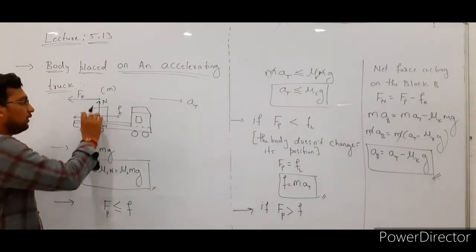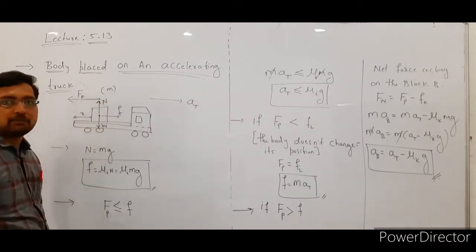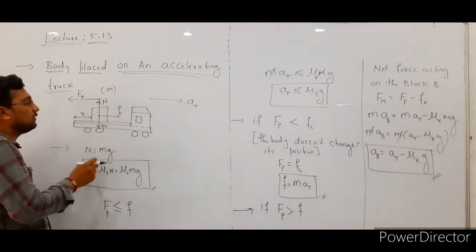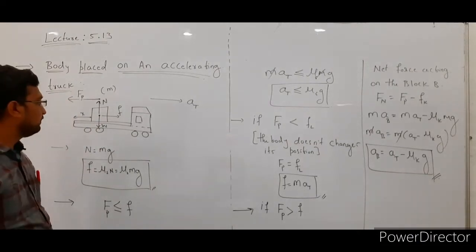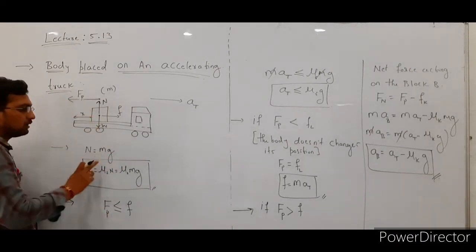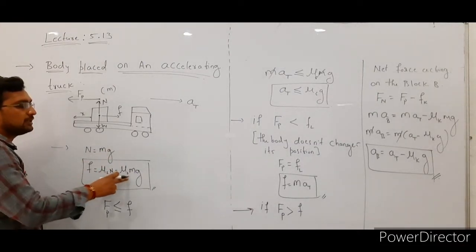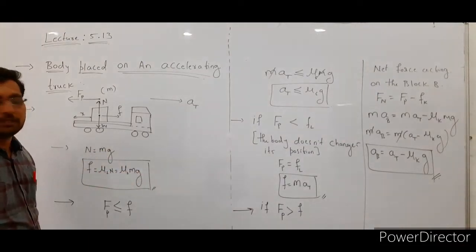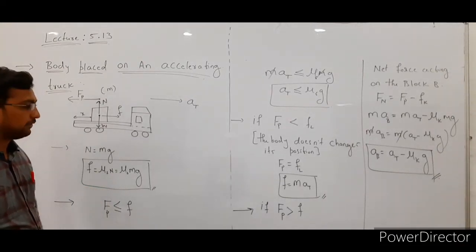After that, the weight of the block is acting in the downward direction, the normal reaction is acting in the upward direction, and this is the friction force, and this is the direction of the pseudo force. The normal reaction on this block is N equal to m into g, then the friction force is mu suffix s into m into g. Mu suffix s indicates the coefficient of static friction.